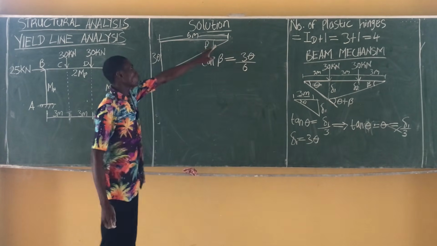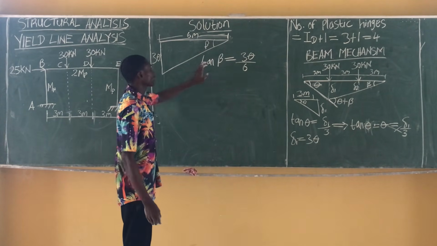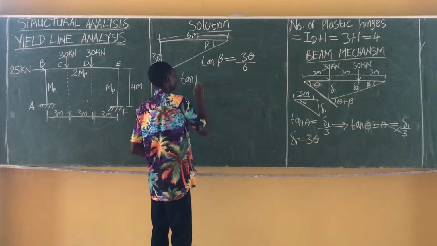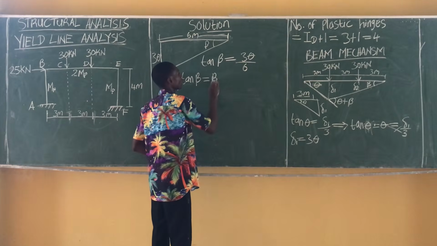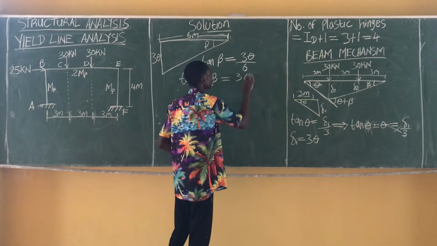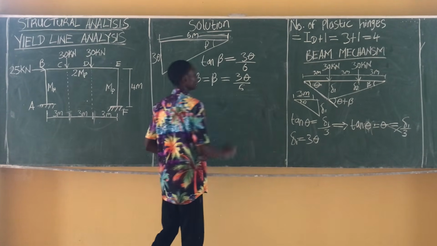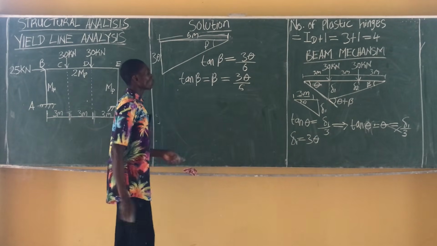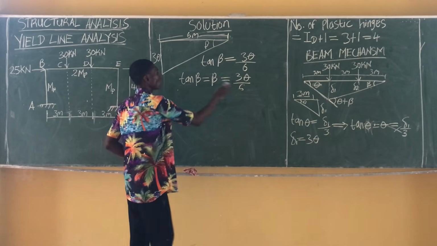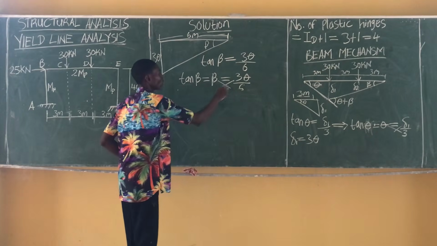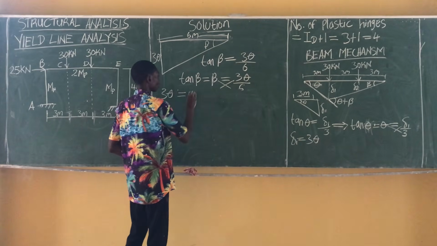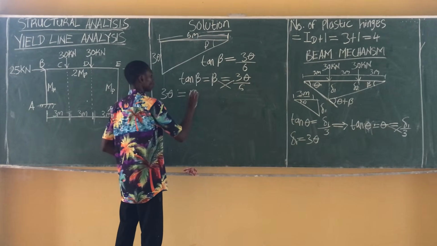But because this angle is so small, we can take tan beta to be equal to beta. So beta is equal to 3 theta all over 6. If we cross multiply, we have 3 theta equal to 6 beta.